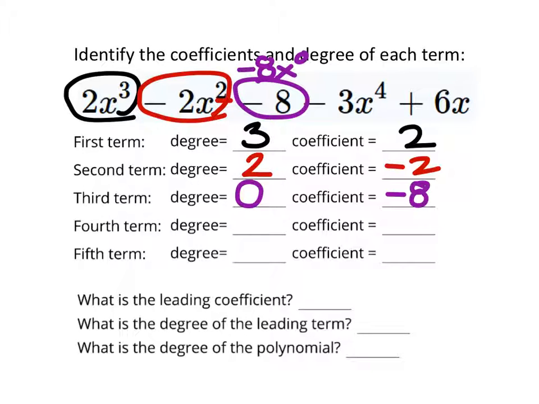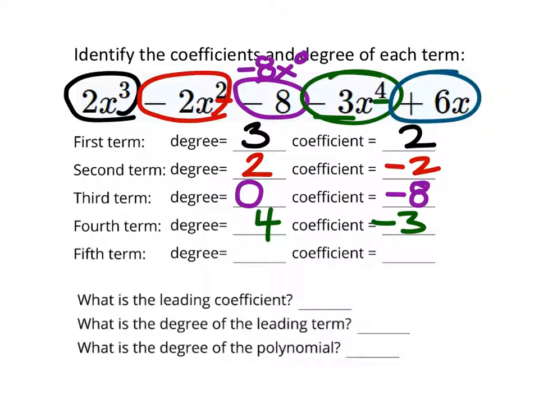And then our fourth term, negative 3x to the 4th. Again, the exponent is 4, so that's our degree. And then it's being multiplied by negative 3, the x to the 4th. Then our fifth term, 6x, that's positive 6x, so it's a degree of 1. It didn't show the exponent for the x, but it is 1. And the coefficient is that positive 6.